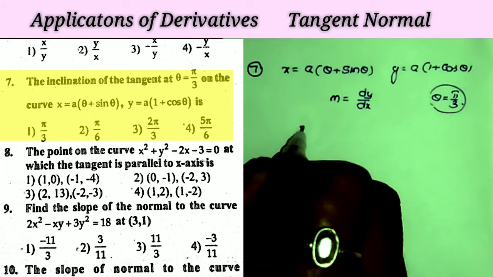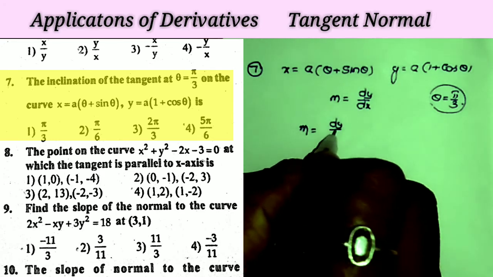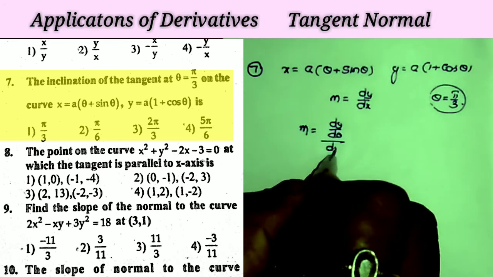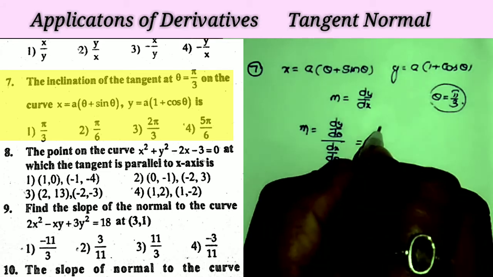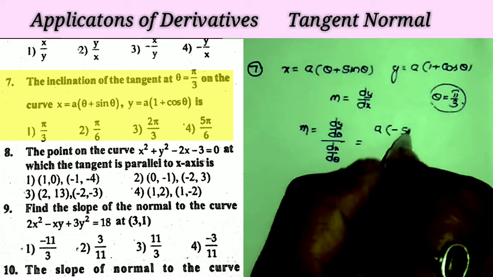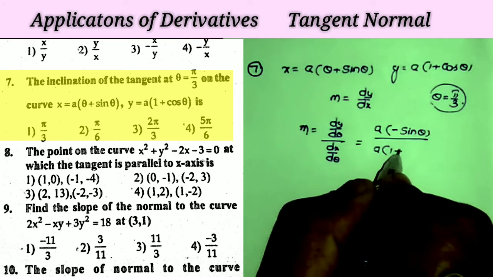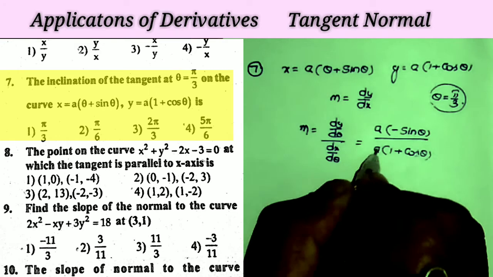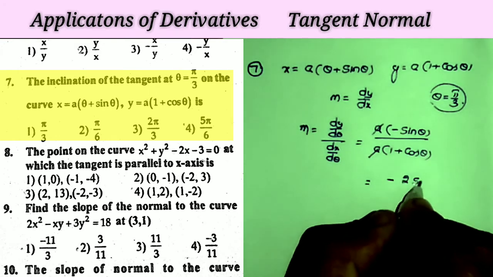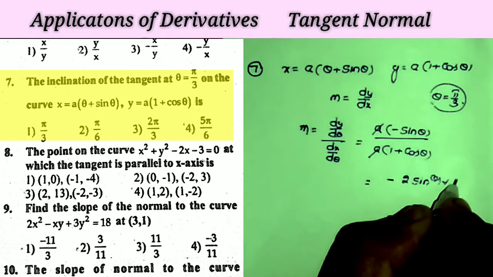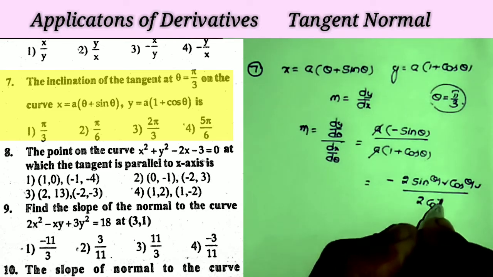So we want this value first, that is dy by dx is equal to (dy by d theta) by (dx by d theta). Since the two equations are in terms of theta, we take the derivatives like that. That is dy by d theta: a into (1 derivative 0, cos theta derivative minus sin theta) by a into (theta derivative 1, sin theta derivative cos theta), and this is minus 2 sin theta by 2 cos theta by 2 over 1 plus cos theta, which is 2 cos square theta by 2.